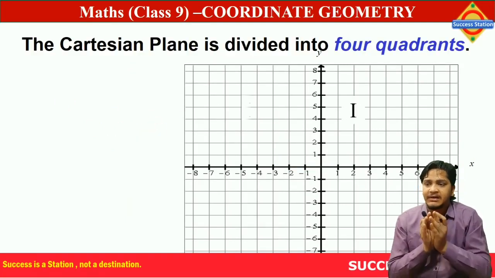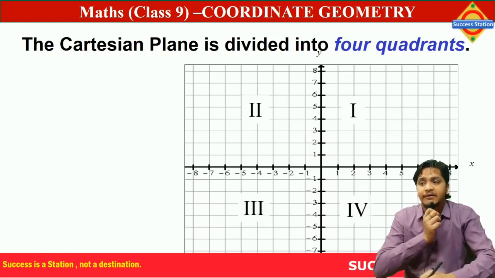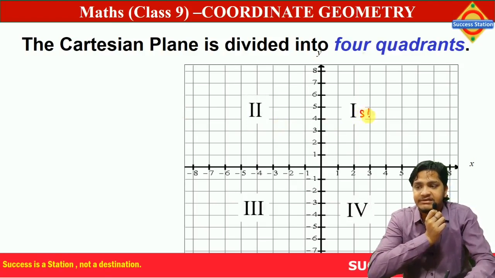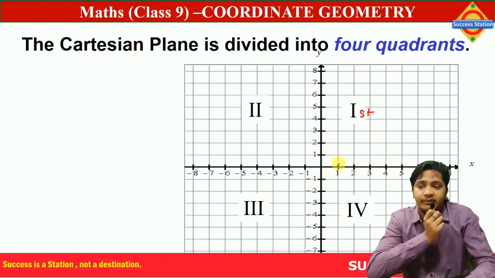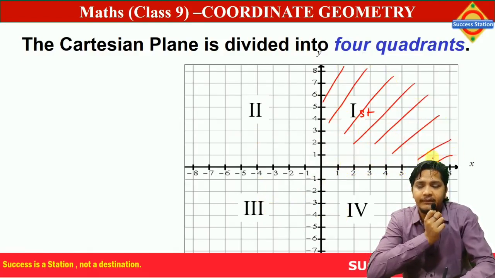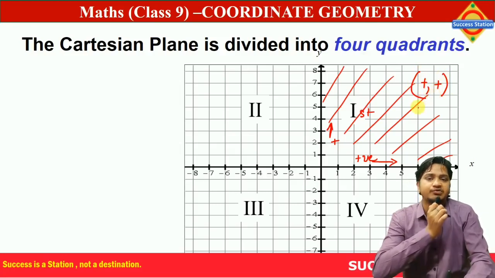In the same way, the Cartesian plane is divided into 4 quadrants: first, second, third and fourth. This region is the first quadrant, where x is positive and y is also positive, so both are always positive in the first quadrant.